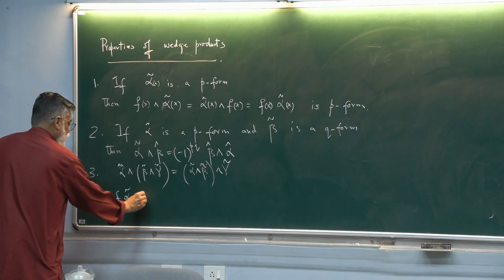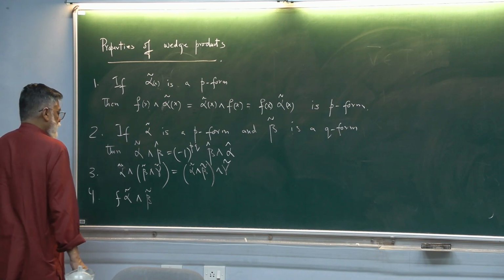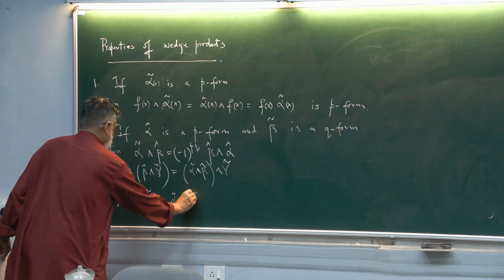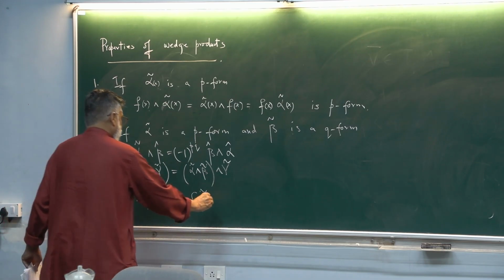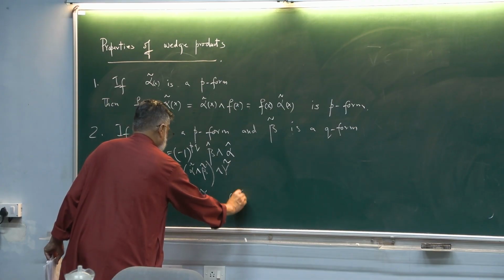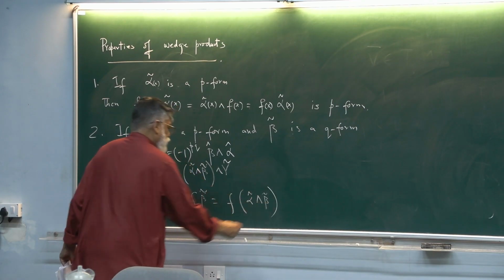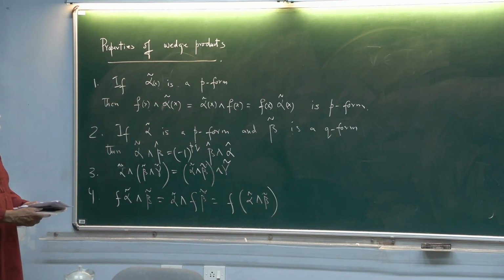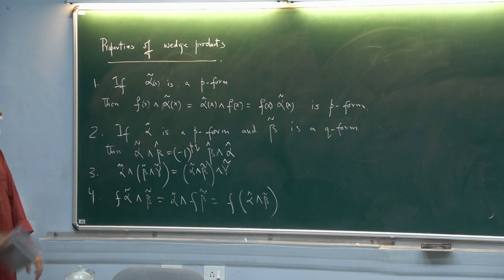Then f alpha wedge another differential form beta is same as alpha wedge f beta. So in general, it can be written as f times alpha wedge beta. These are obvious properties, but it is good to summarize so that when we are doing manipulation, one shouldn't be going back to the first principles and re-deriving everything.